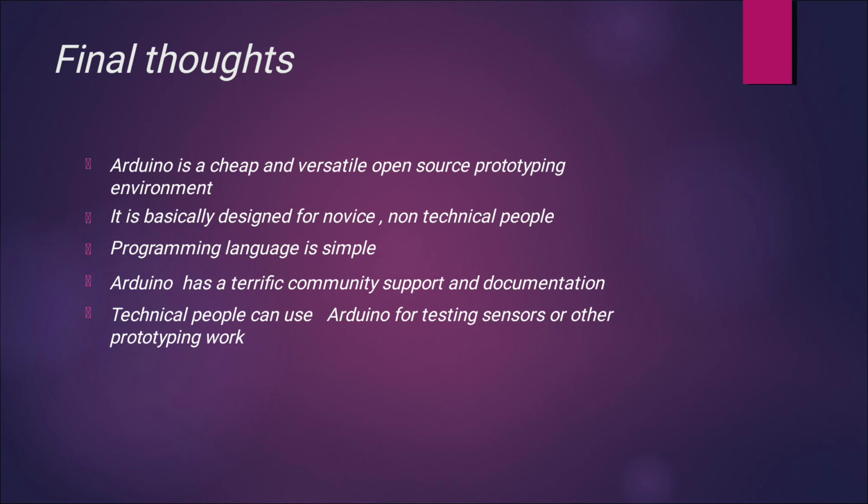Finally, Arduino is a cheap and versatile open source prototyping environment. Open source means the Arduino hardware being open source means that you can view schematic of every board available. This means you are free to buy the hardware components and solder the board. It is basically designed for novices, non-technical people, programming language is simple.